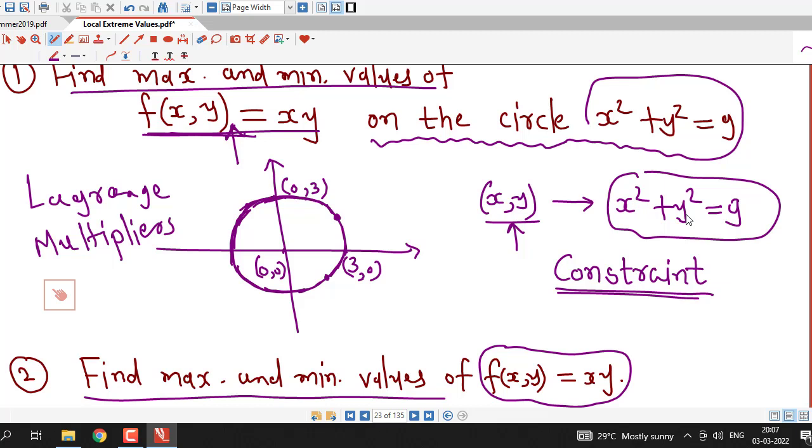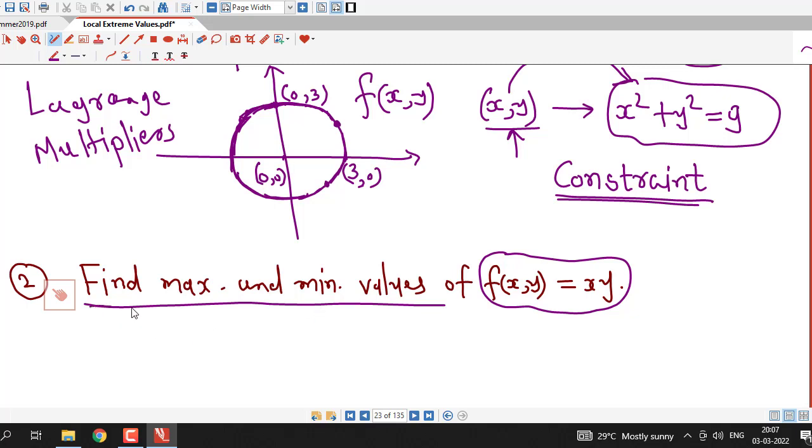In this case we have to find the points on the circle x square plus y square equal to 9 at which this function is maximum, and the points on the same circle at which this function is minimum. In short, this (x,y) must come from the circle.